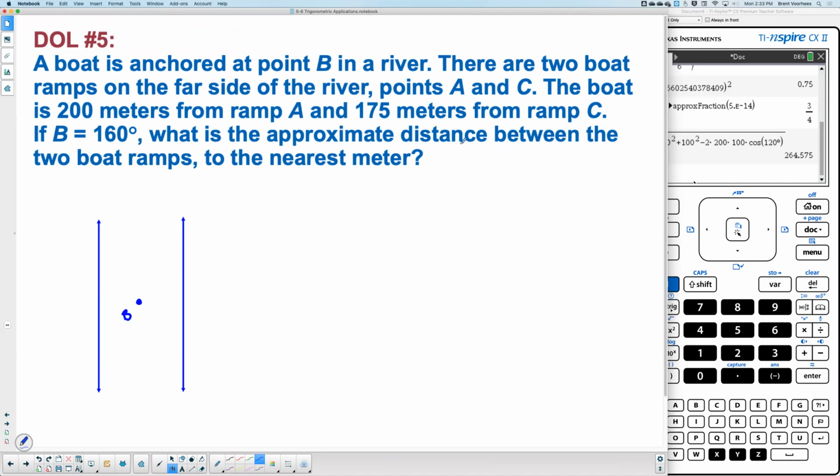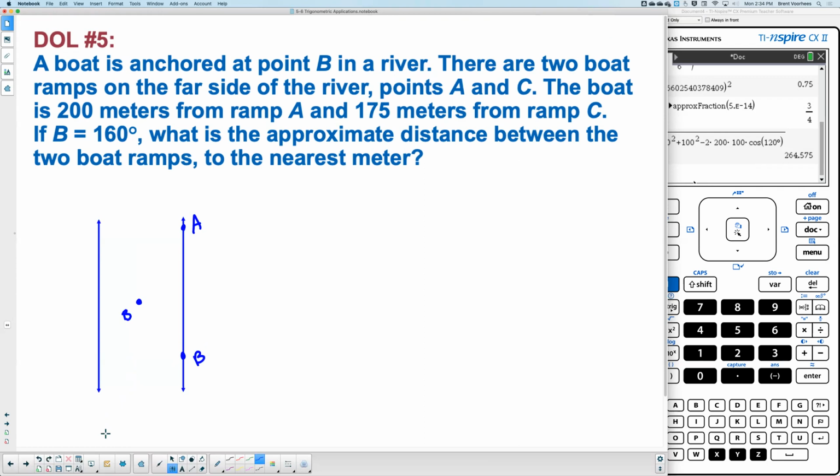And it says there are 2 boat ramps on the far side of the river. So you can pick, I'll just put mine on the right side. Points A and C. Ramp A is 200, ramp C is 175. So I'm going to try to make A a little bit further away from B. Kind of like that. And it gives you the angle.